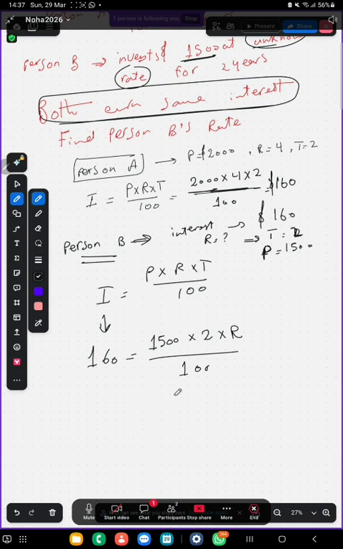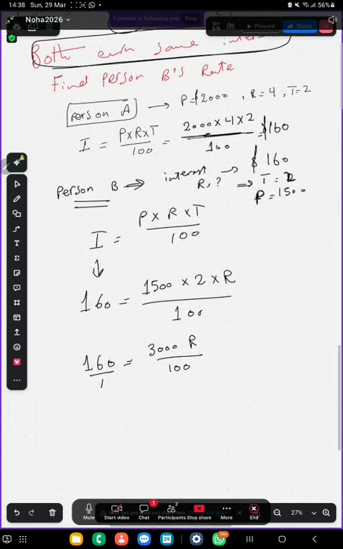Then make it as an equation. Put 160 as it was and simplify: it's going to be 3,000 R over 100.